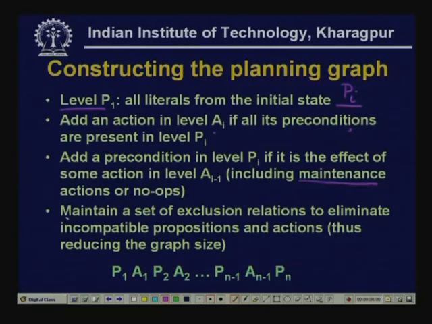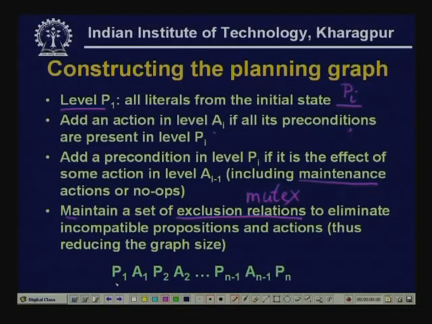In addition, we will maintain a set of exclusion relations called mutex relations. These mutex relations will be used to eliminate incompatible propositions and actions, and because of these mutex relations, we will be able to reduce the graph size further. So, the graph consists of alternate levels. We have a proposition level P1 followed by an action level A1, then a proposition level P2 followed by action level A2, and so on.